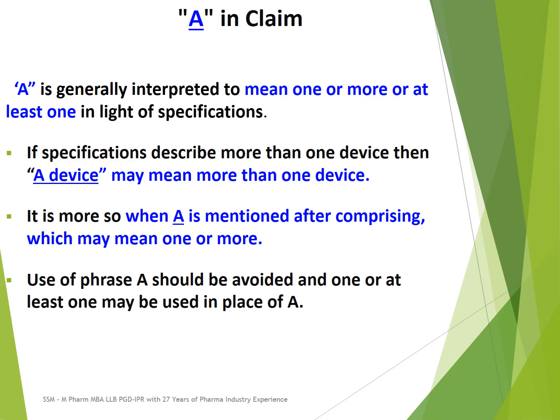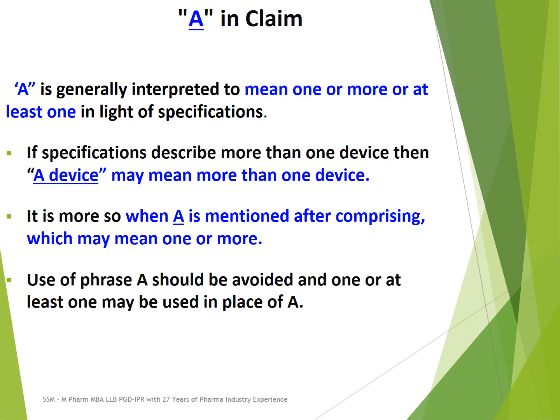Now coming to the term "a" used in a claim. "A" is generally interpreted to mean one or more, or at least one, in light of the specification. If the specification describes more than one device, then "a device" used in a claim may mean more than one device, and it is more so when "a" is mentioned after the term "comprising", which may mean one or more.